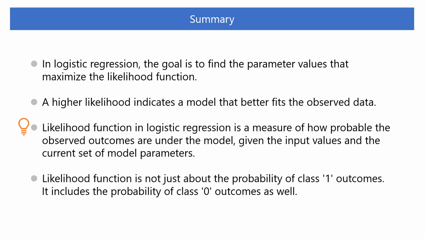In summary, the likelihood function in logistic regression is a measure of how probable the observed outcomes are under the model, given the input values and the current set of model parameters. It's not just about the probability of class 1 outcomes. It includes the probability of class 0 outcomes as well, and combines these across all observations.